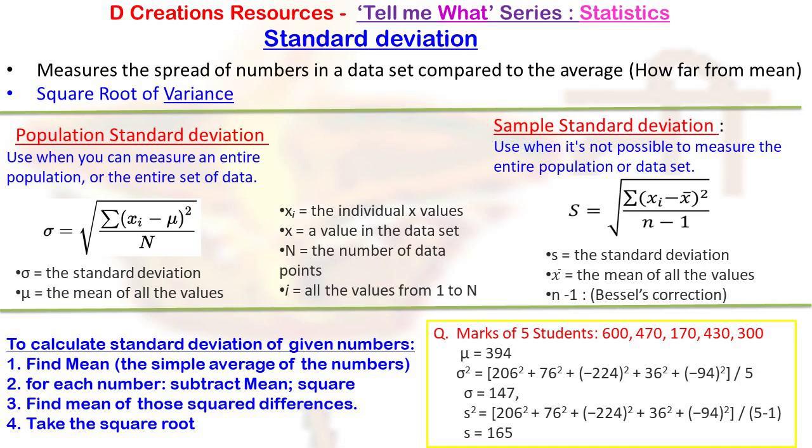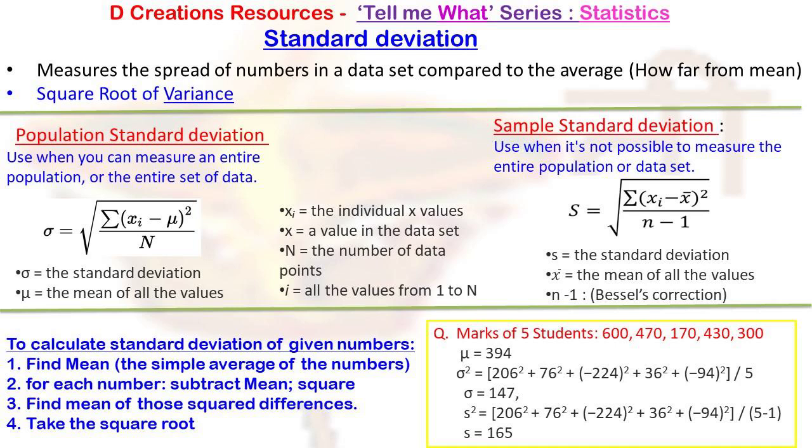But anyway, you have to square the result, so that doesn't make too much of a difference. Then you have to find the average of these squared differences, so you add them all up and divide by the total number of readings, and then you take the square root of that. So this is called population standard deviation.